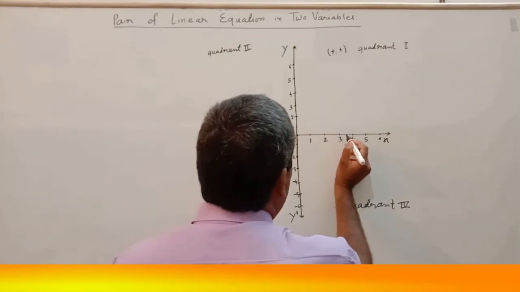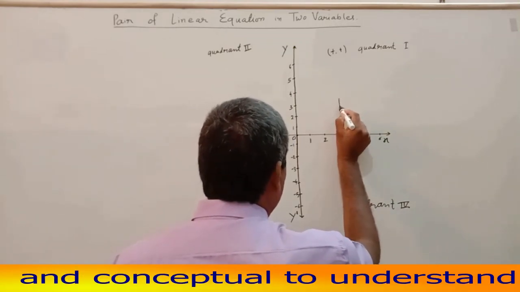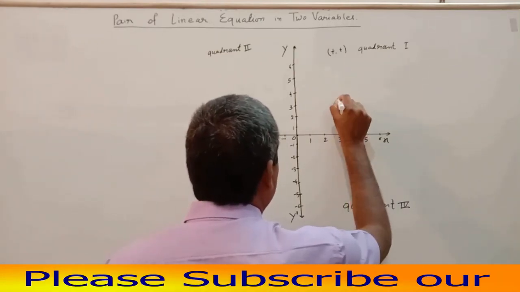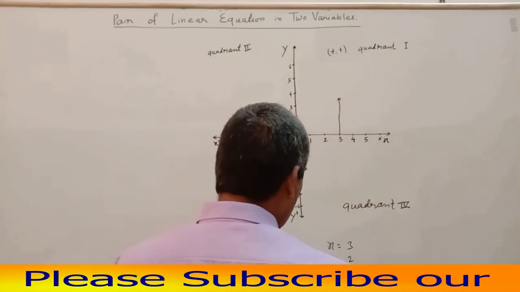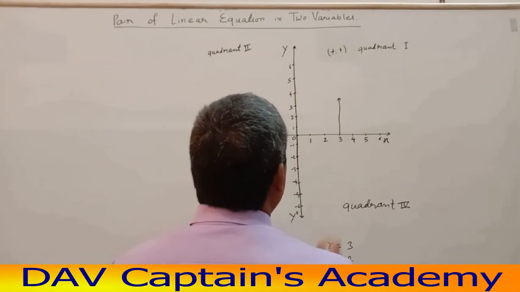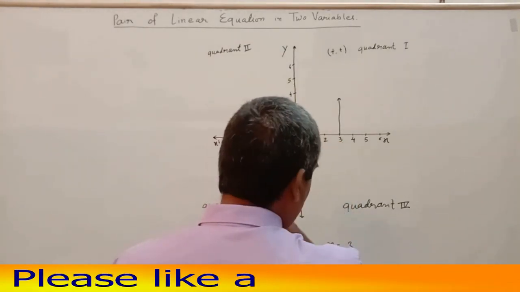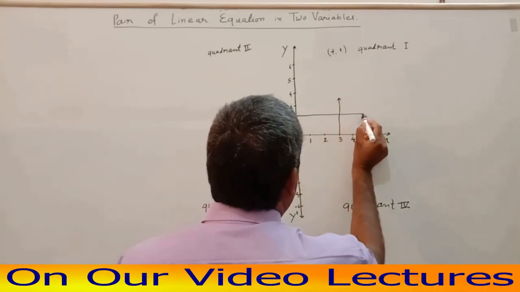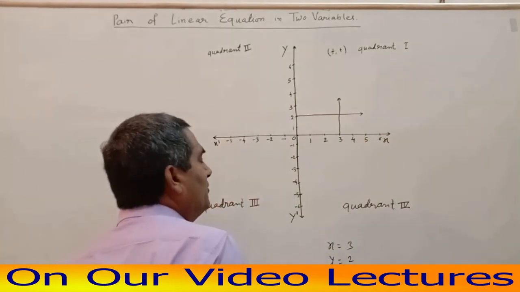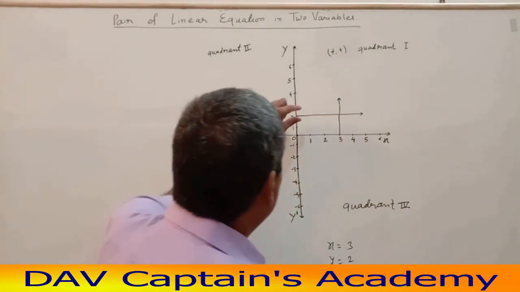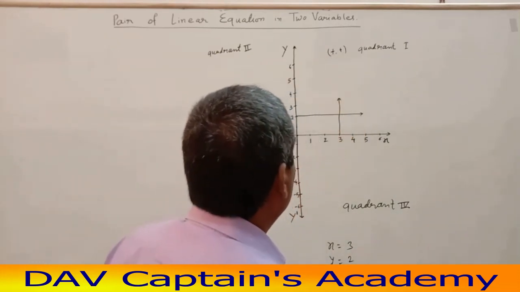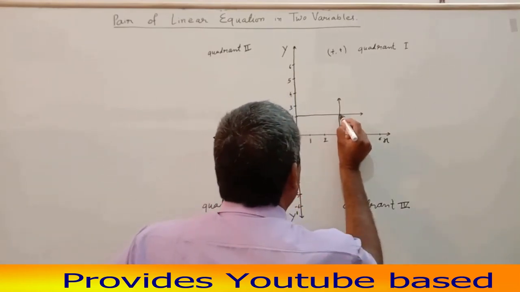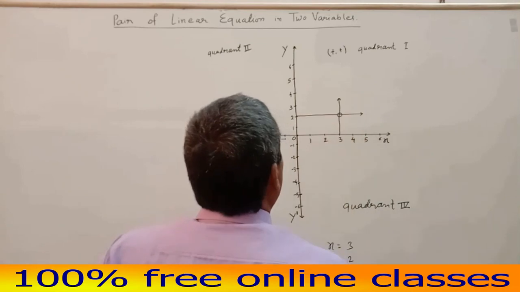From 3, we have to draw a line parallel to the y-axis, and from 2, we have to draw a line parallel to the x-axis. The point where they meet is called the coordinate.